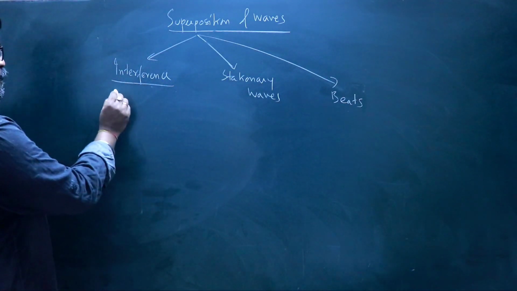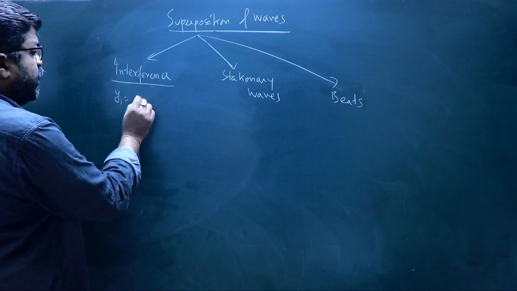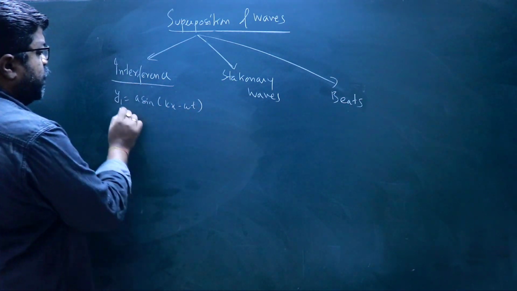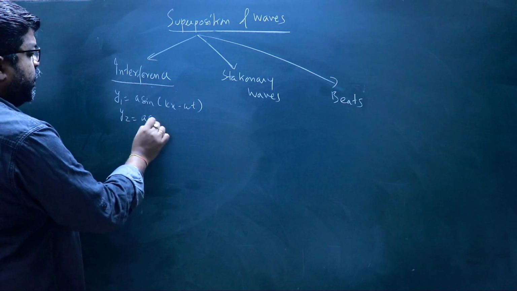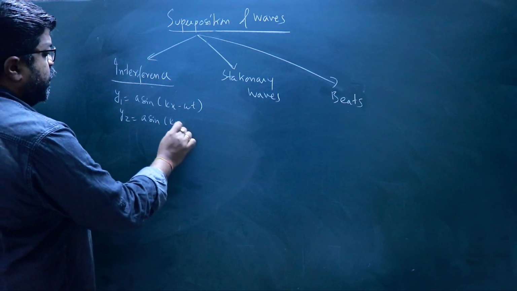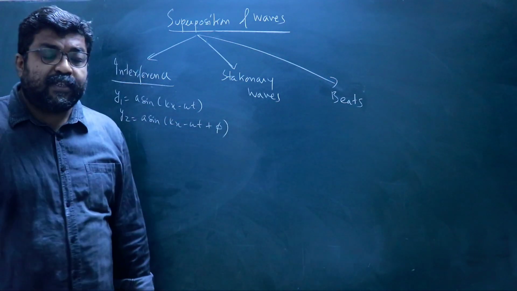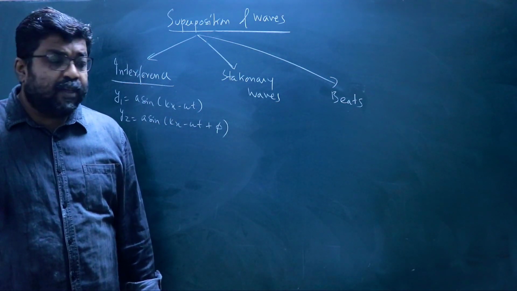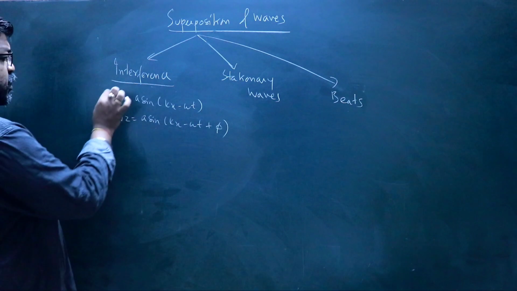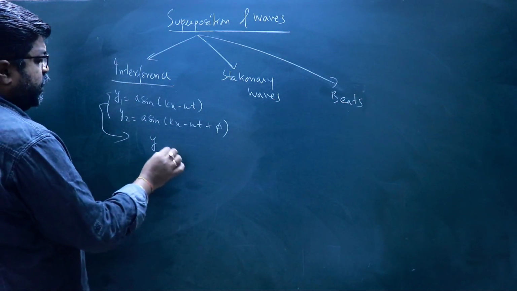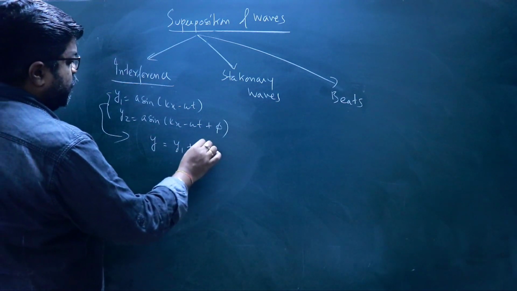So we have two waves, y1 is equal to a sine (kx minus omega t), and y2 is equal to a sine (kx minus omega t plus phi). This phi is the phase difference between the two waves. The resultant wave formed due to superposition of these two waves will have equation y is equal to y1 plus y2.